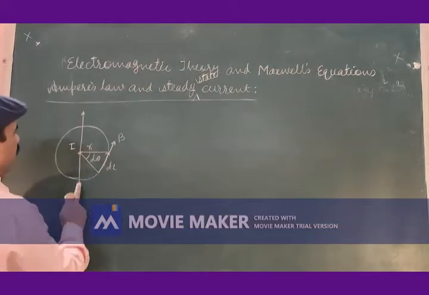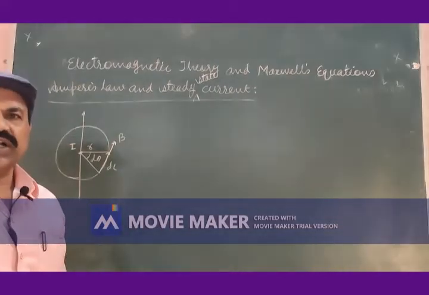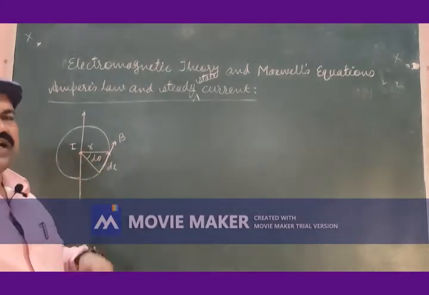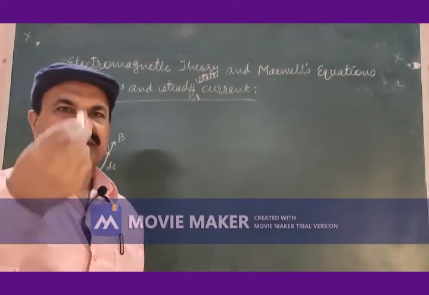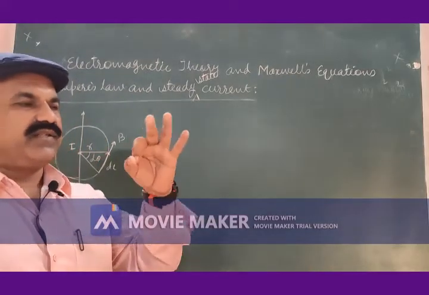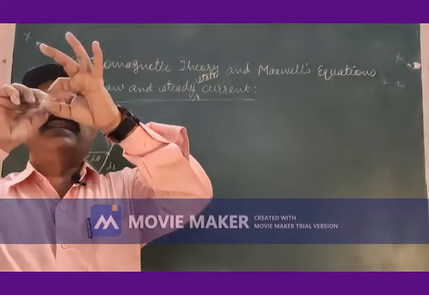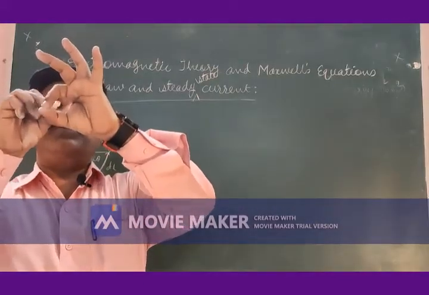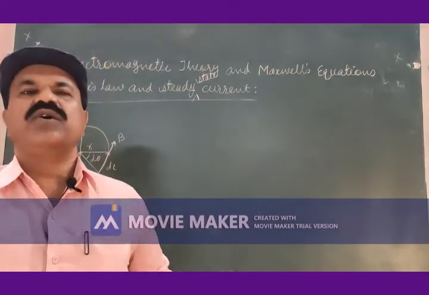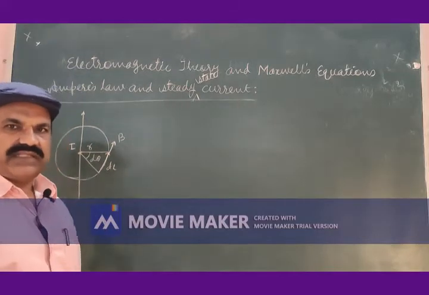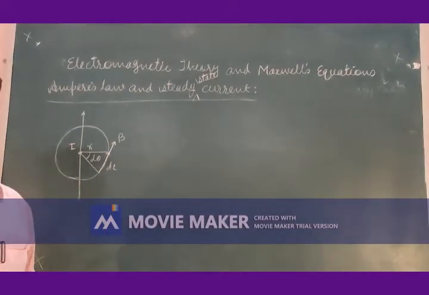Let us suppose that we have a straight conductor. This is a straight long conductor. It carries a current I. And we have a closed path. This conductor is passing through the center of the closed path. It means that the current is passing through the center of the closed path.